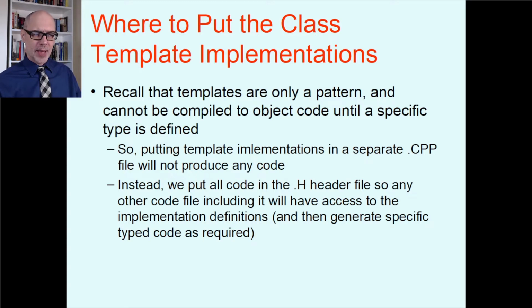We're going to put it in the header file so that when you pound include that header file in code that wants to use that kind of class, all the code will be visible from the pound include, and then the compiler can see the creation, see what the pattern is, and then automatically create the code that you need. So you do that, and then you will have access when you include it to this code that's all entirely in the header file, and the compiler will generate the specific type code as required.